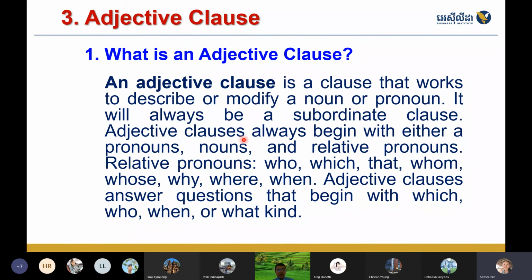An adjective clause always begins with a relative pronoun: who, which, that, whom, whose, why, where, when. Adjective clauses answer questions that begin with which, who, when, or what kind.